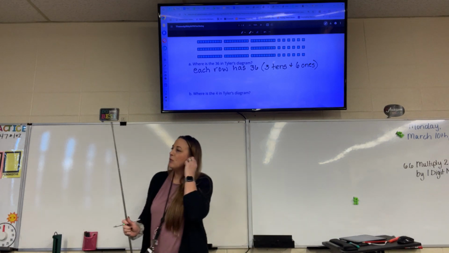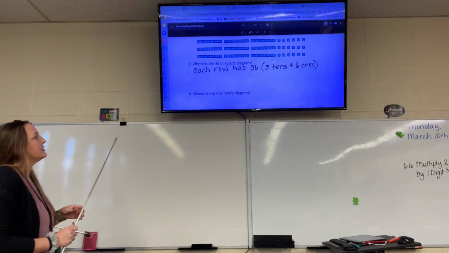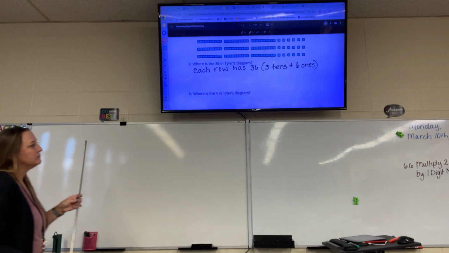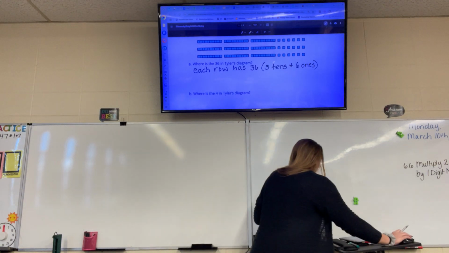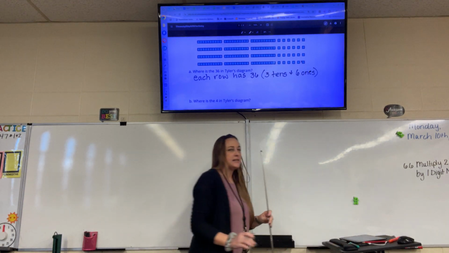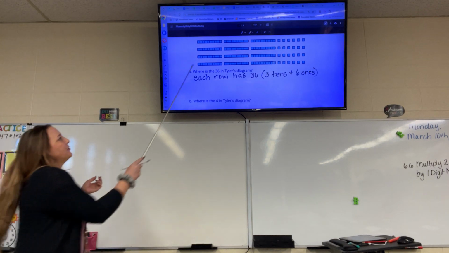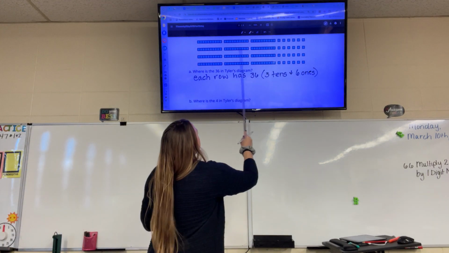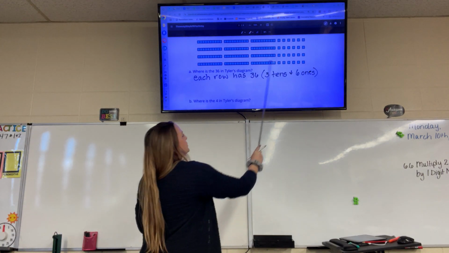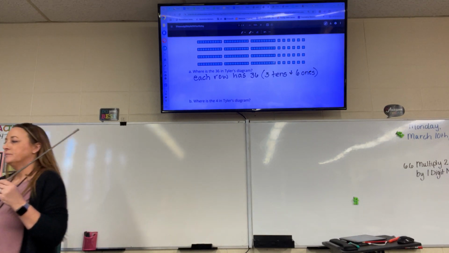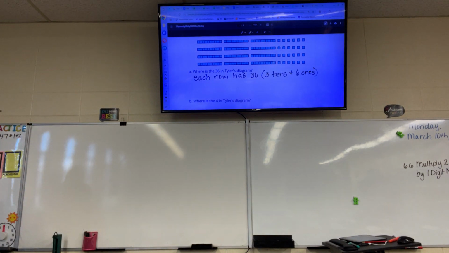Where is the 4 in Tyler's diagram? Where do you see the 4? So if he's using this diagram to do 4 times 36, we see where the 36's are. Where's the 4? Emma? The number of rows, right?